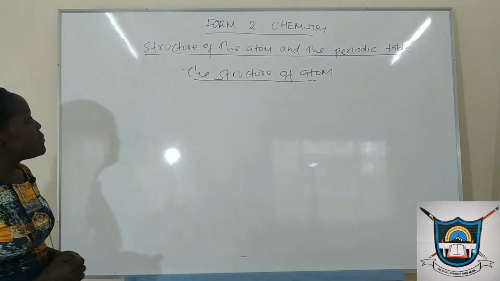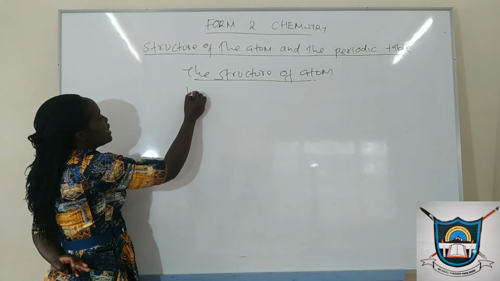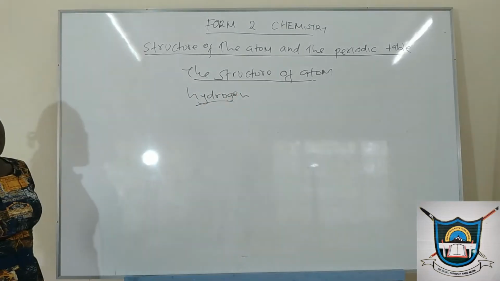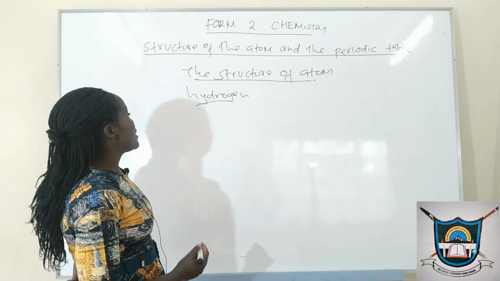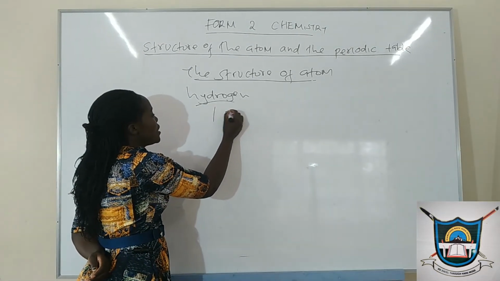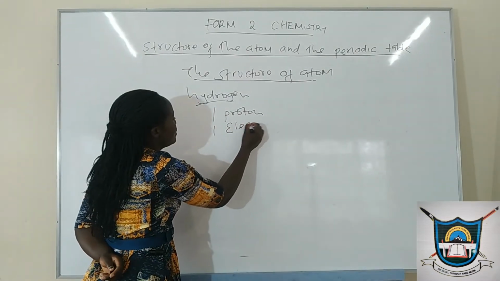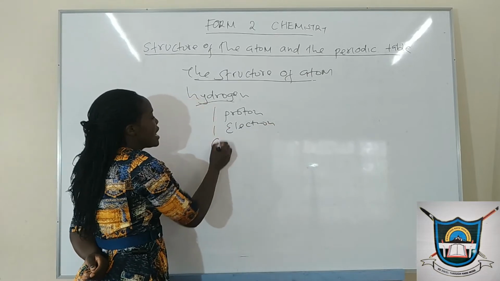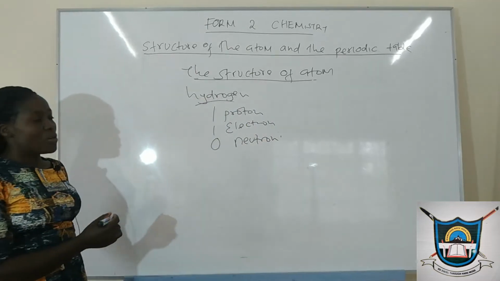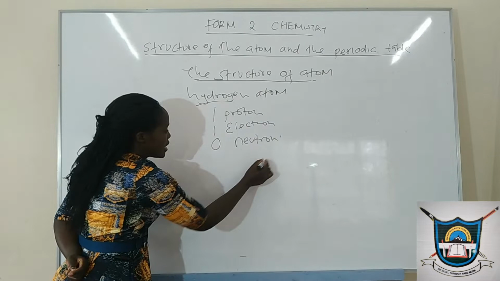So I'll begin by drawing the first atom, that is the hydrogen atom. Hydrogen is the simplest atom of the 20 elements that we'll discuss in Form 2. Hydrogen has one proton, one electron, and 0 neutrons.